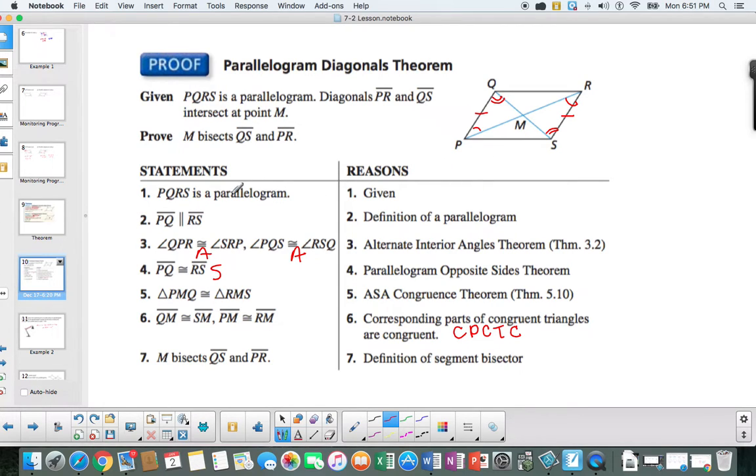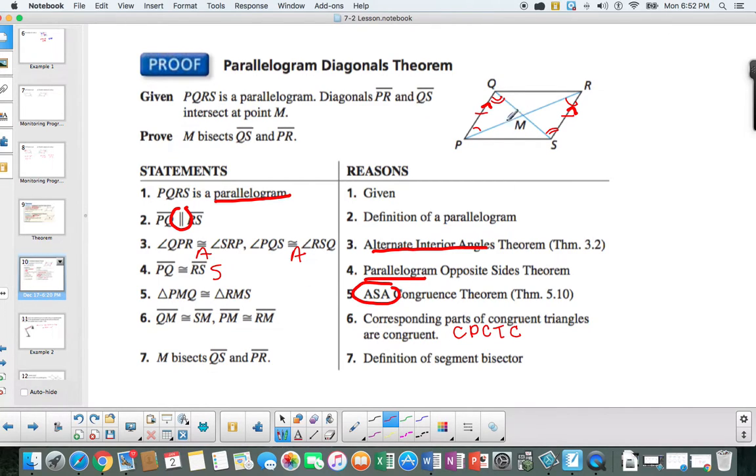All right, so we have a parallelogram, which means we have parallel lines. This line right here, PQ, is parallel to this side, which is SR. Now that's going to create some alternate interior angles that are going to be congruent, which I've indicated right here. We also have a pair of sides congruent because if you have a parallelogram, then opposite sides are congruent. So this is going to give us angle, side, angle.